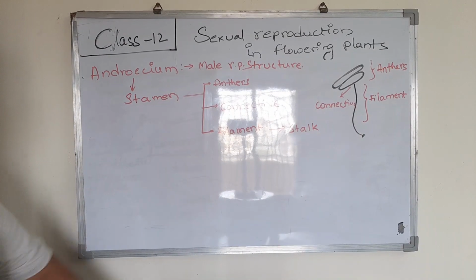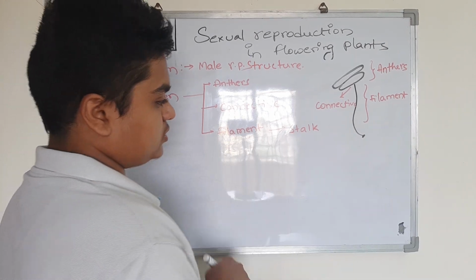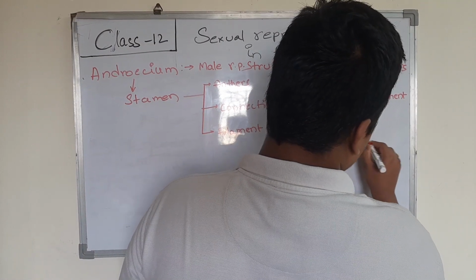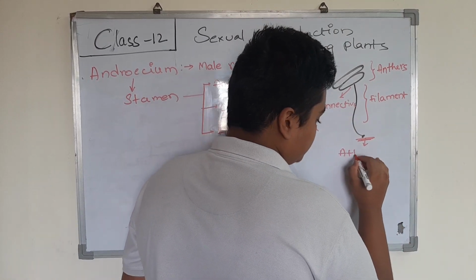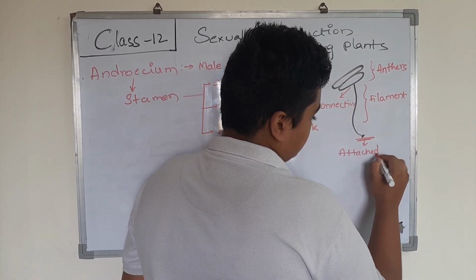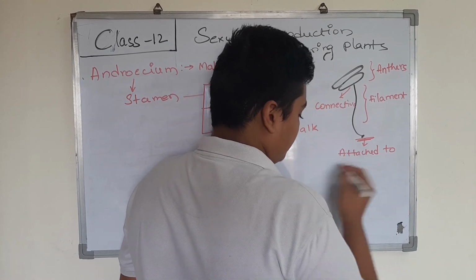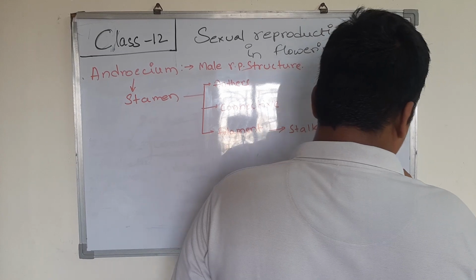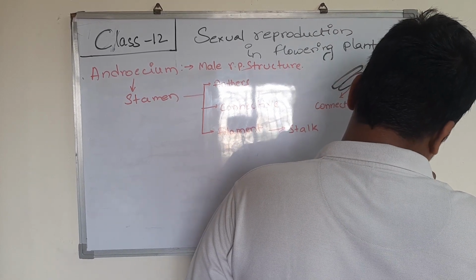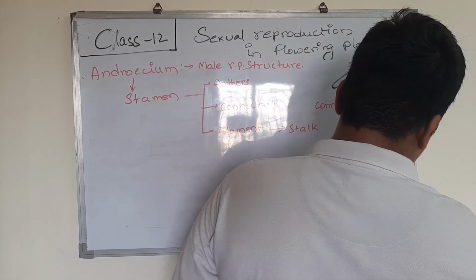And this portion is attached to the flower. In a flower, it can be attached either to a petal or to the thalamus.